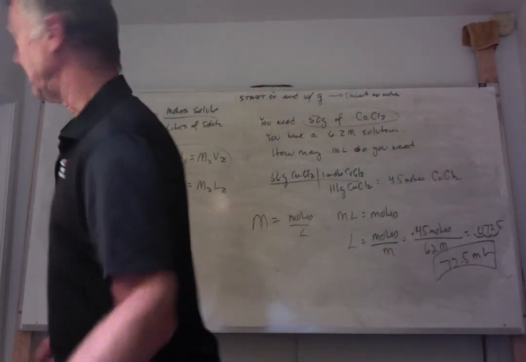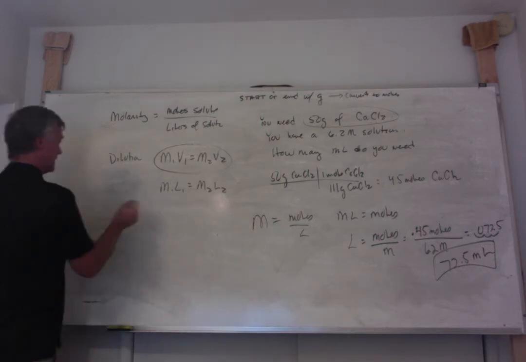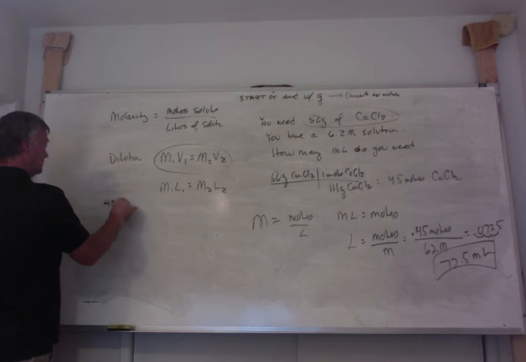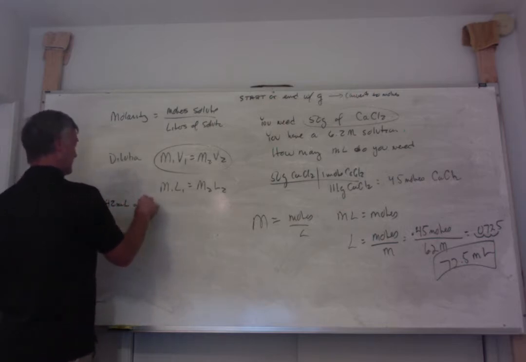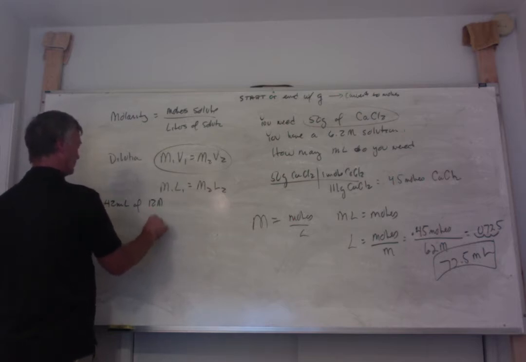The dilution equation gets used this way. Let's say we had 42 milliliters of a 12 molar solution, but we want a 6 molar, or let's say we want a 5 molar solution.